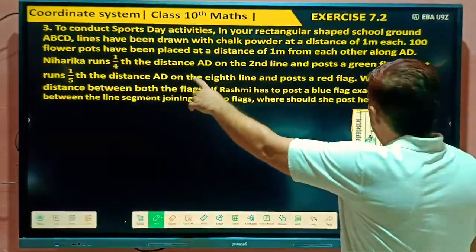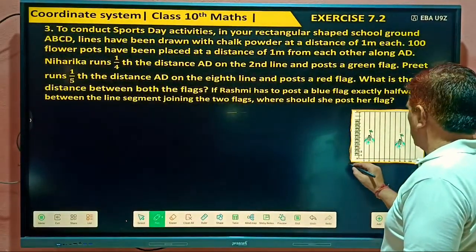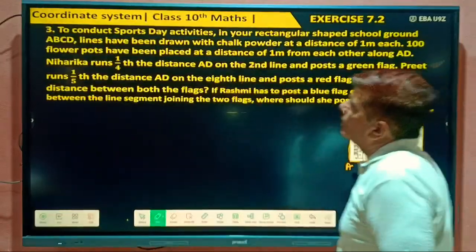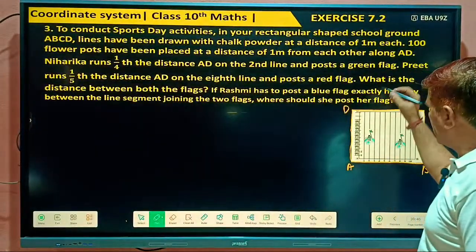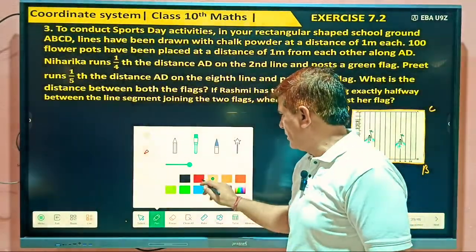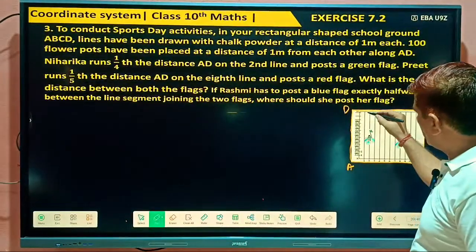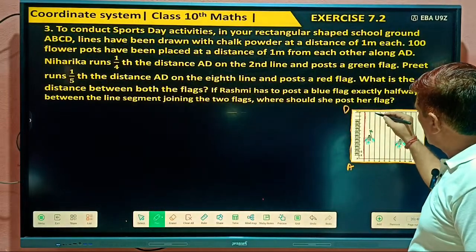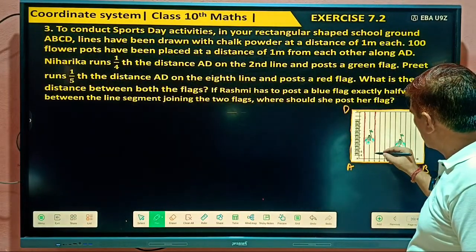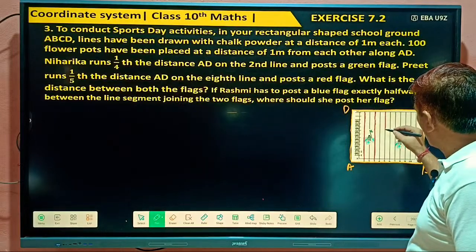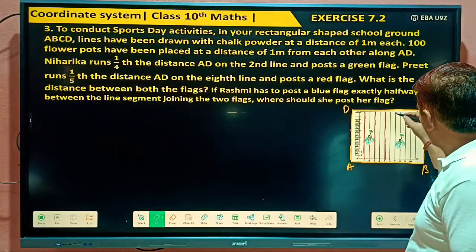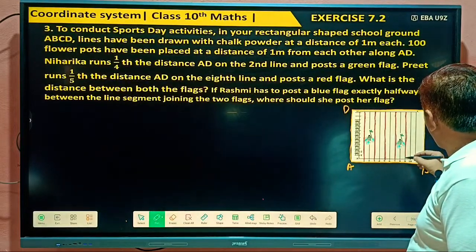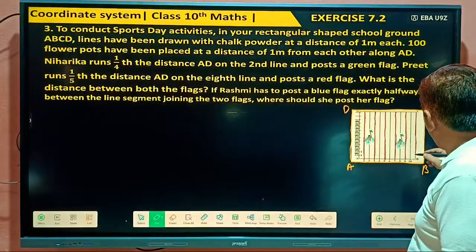School ground A, B, C, D. This is A, this is B, this is C, this is D. Lines have been drawn, like this. So in this way, one line is like this.